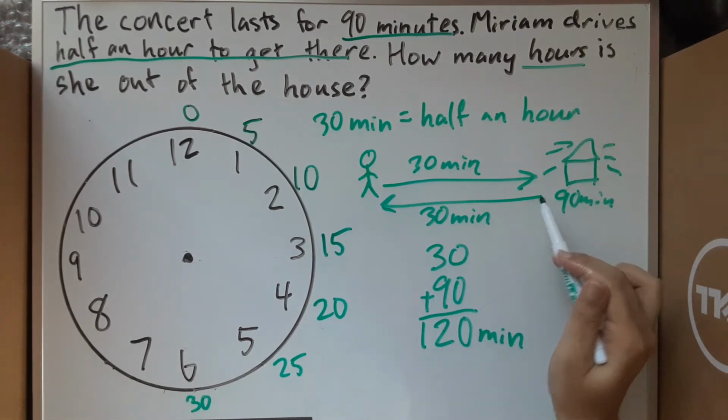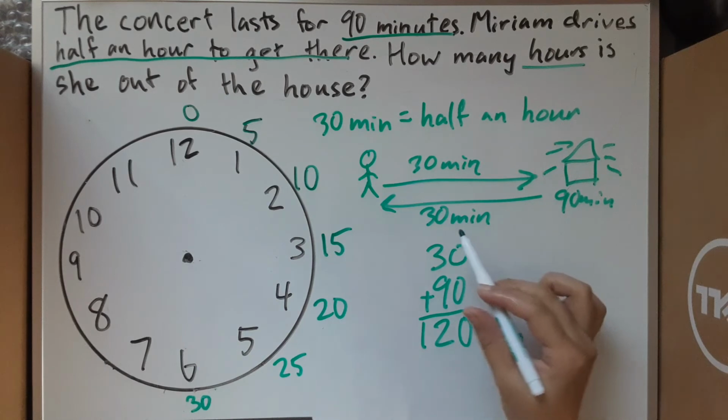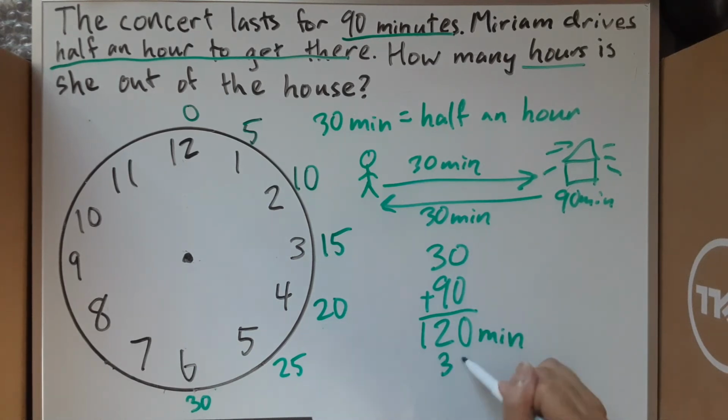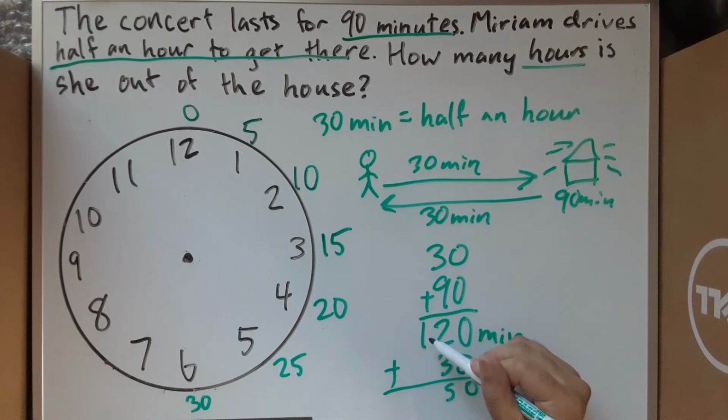Now she has to drive back home, so we'll add another 30 minutes. 0 plus 0 is 0, 2 plus 3 is 5, and 1 just drops down. So, in total, it takes Miriam 150 minutes.